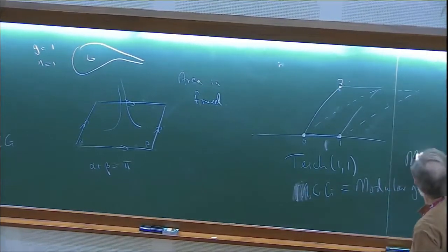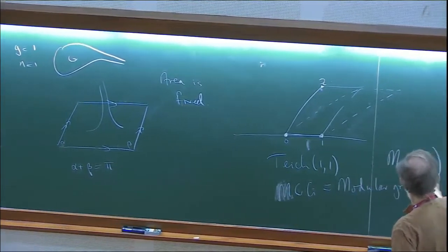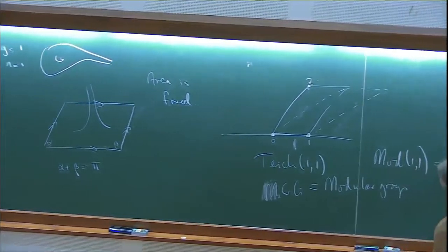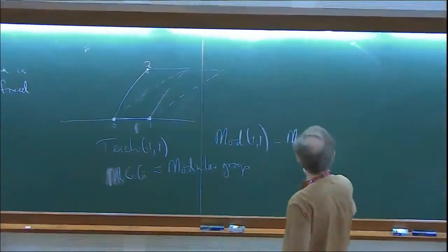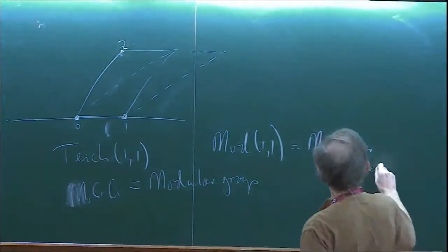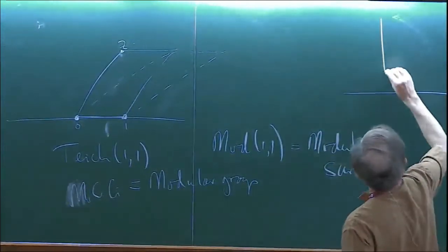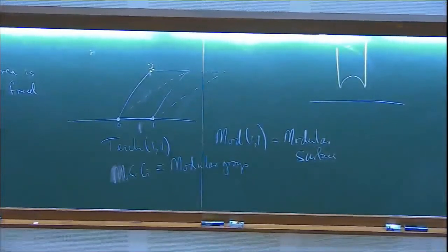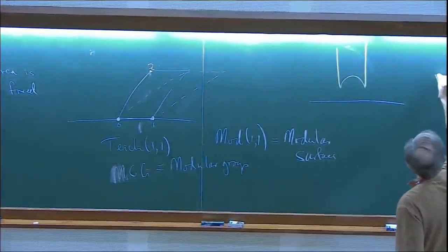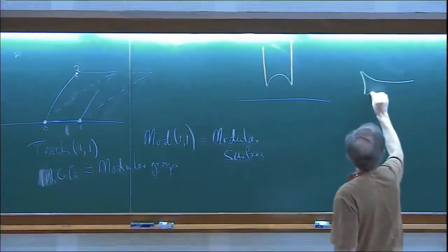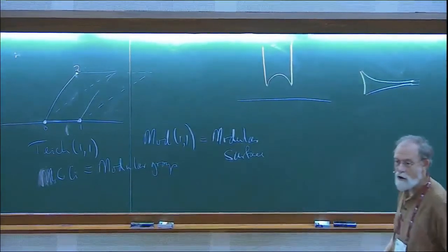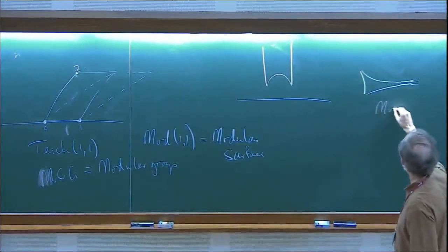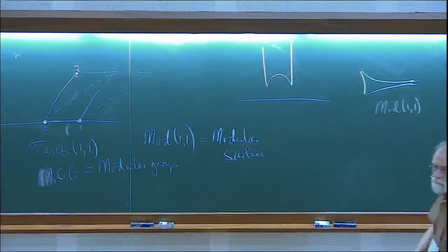And the modular surface, the moduli space, is the familiar modular surface. So in the upper half plane, you have the familiar fundamental domain, and you end up with a surface that has two cone points in it and a cusp. So there's a picture of M_{1,1}.